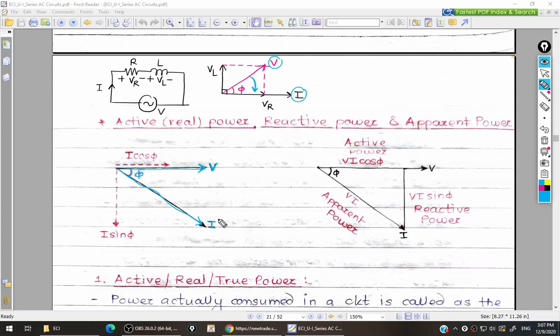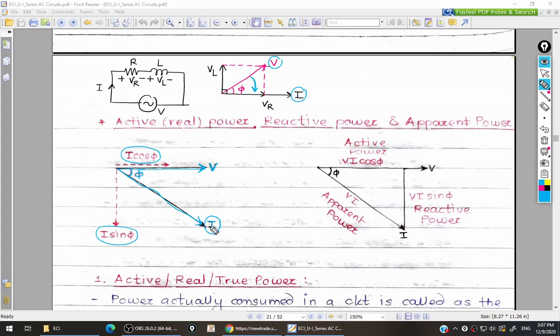So I will divide this current I into two parts, horizontal component and vertical component. According to trigonometry, if this current is taken on the x-axis, you have to multiply it with the cos component. If you want to take this current on the vertical axis or y-axis, you have to multiply it with the sine component.